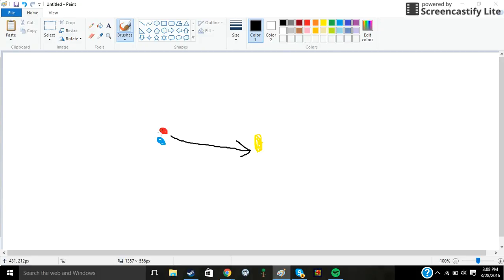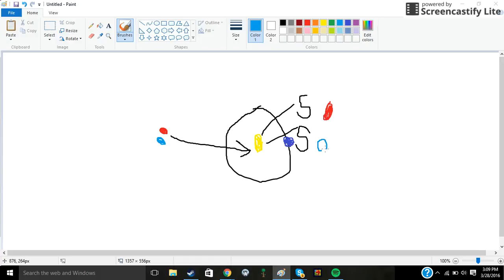So these two decide what an element is too. So I'm just going to draw an atom of hydrogen. I'm going to use a darker blue for an electron. This is not correct, but there could be 5 protons and 5 neutrons. But it really does depend on the element.